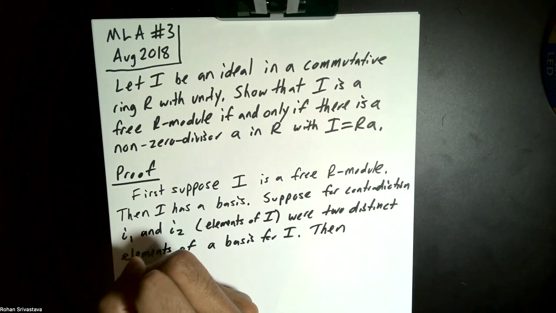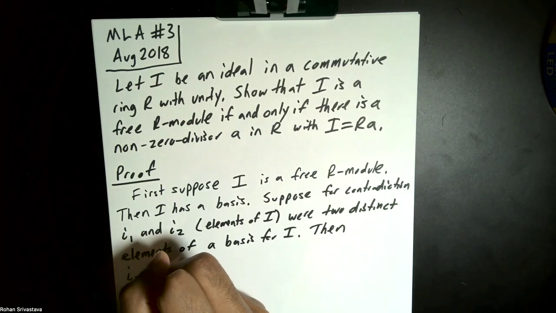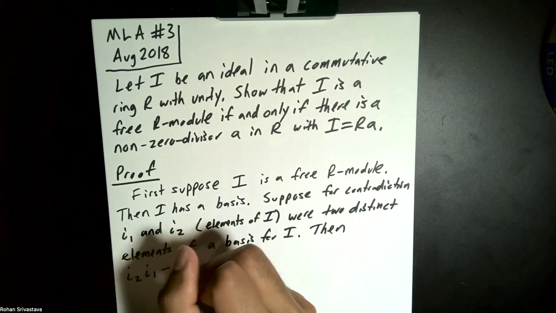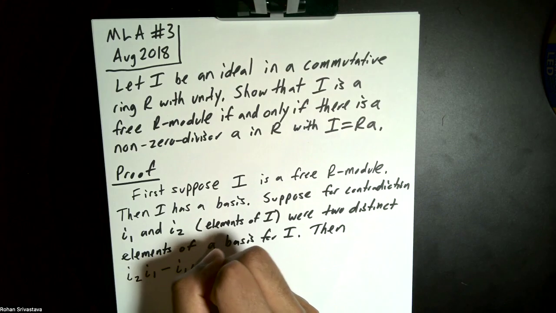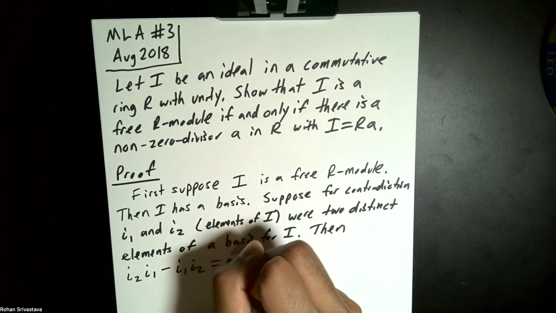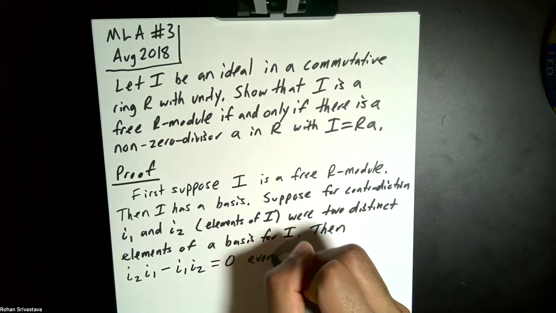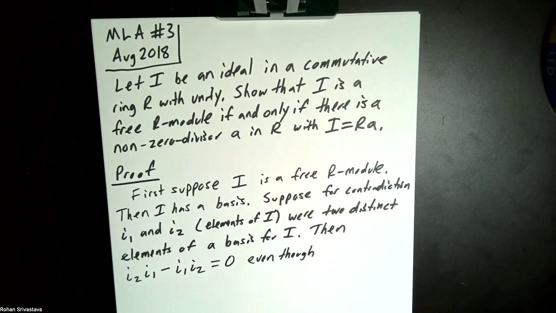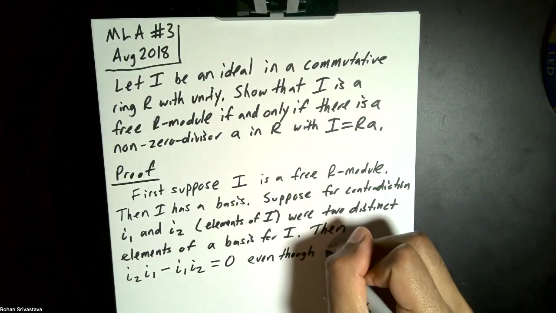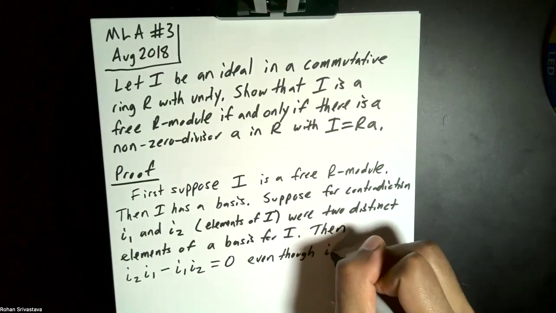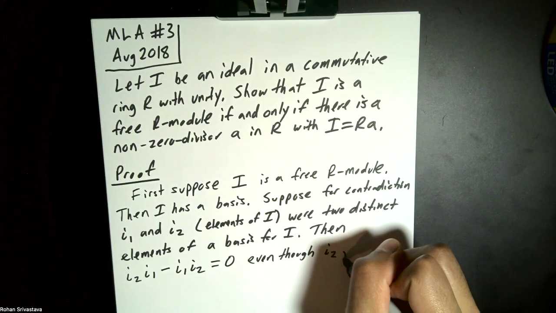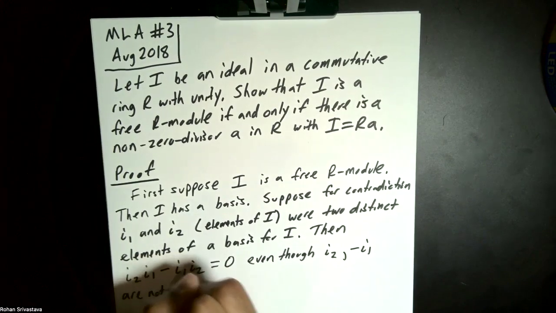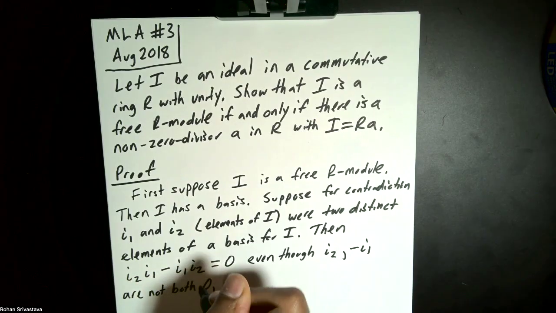In particular, we have I2 times I1 plus minus I1 times I2, that's equal to 0, even though I2 and negative I1 are not both 0.